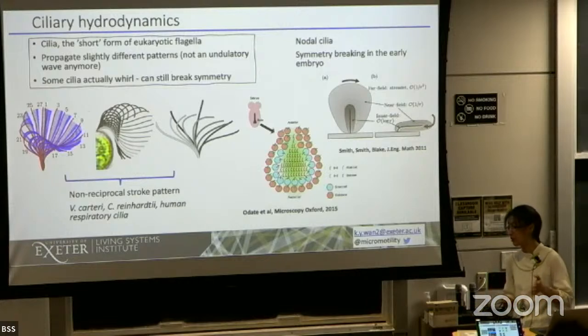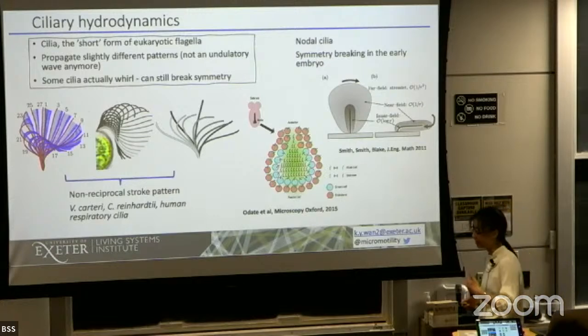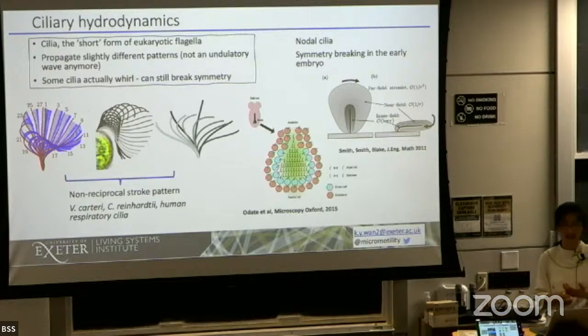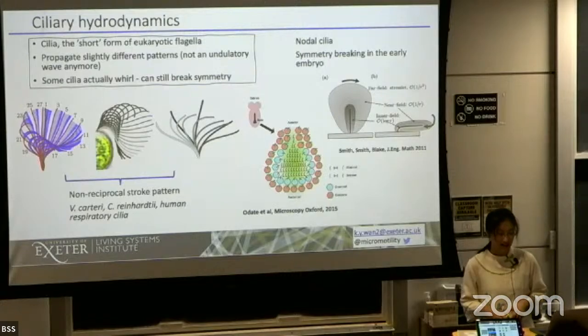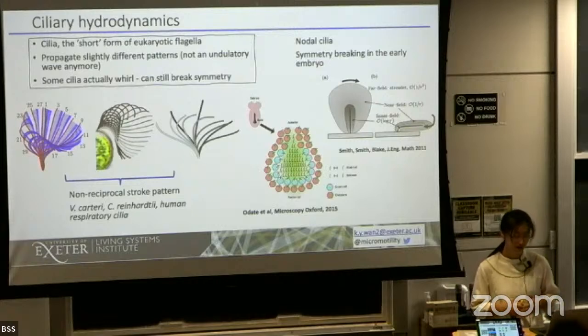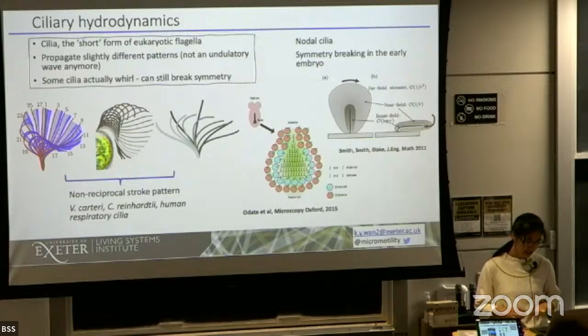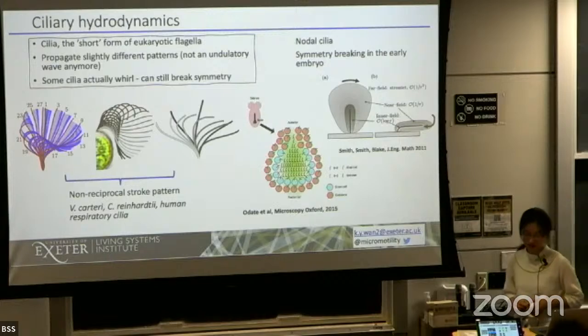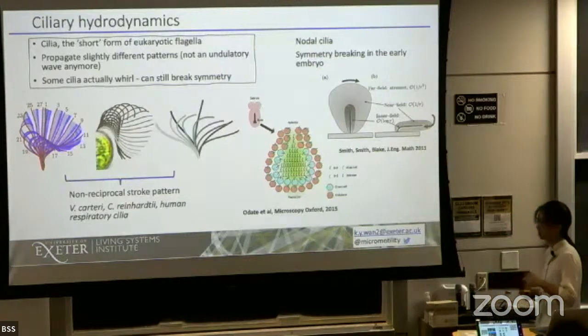So you would, I think, create the dorsal-ventral axis first, and then you would have the anterior-posterior, and then finally the left-right symmetry axis is the last one to be broken. And so it turns out that cilia are critical for this process. And so there are many studies that have tried to understand how this process happens when you have what appears to be a fairly randomized distribution of these individual, they're called nodal cilia, whirling around.